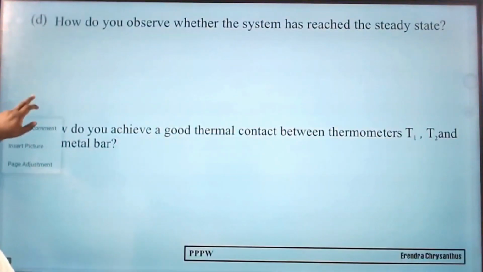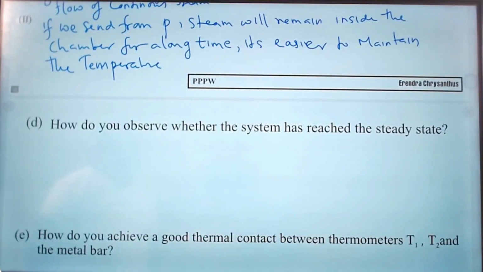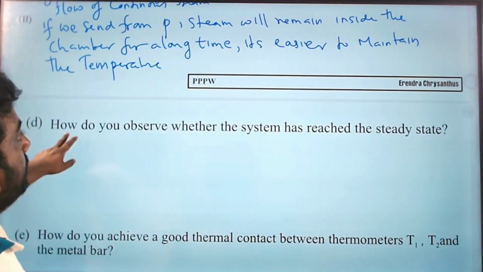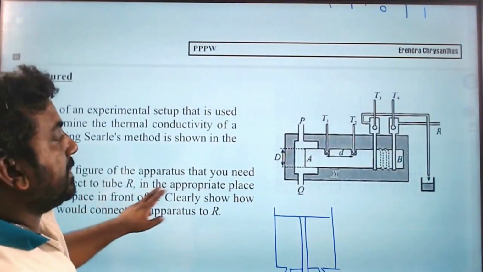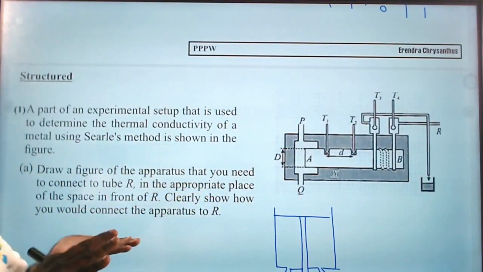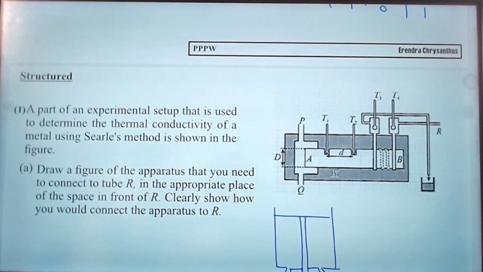How do you observe the system has reached steady state? So I can observe thermometers T1 and T2. They become stable.